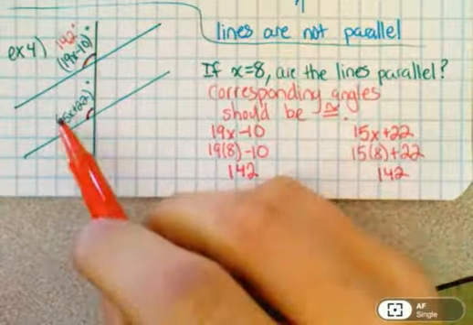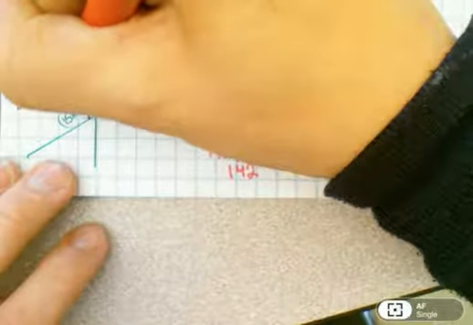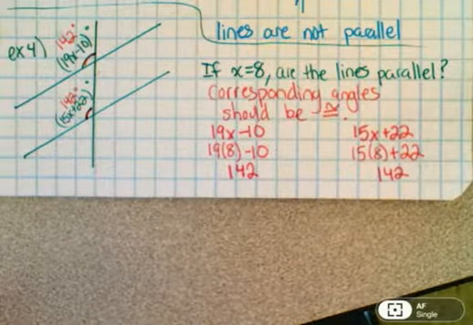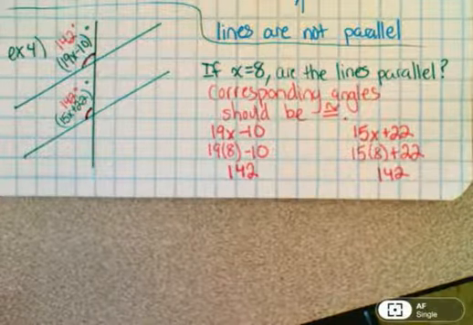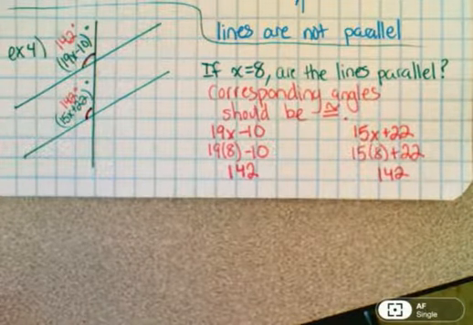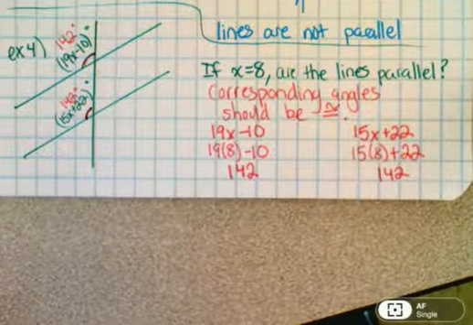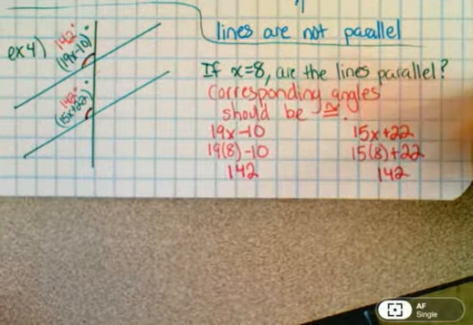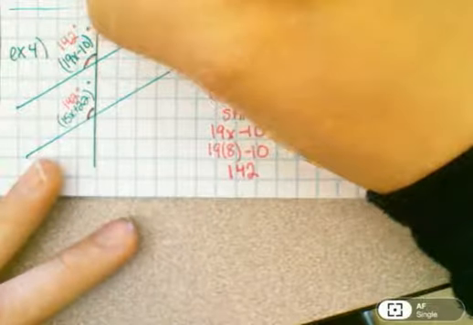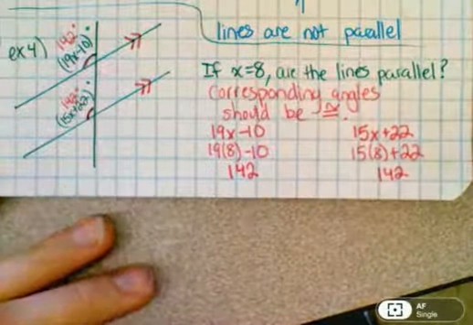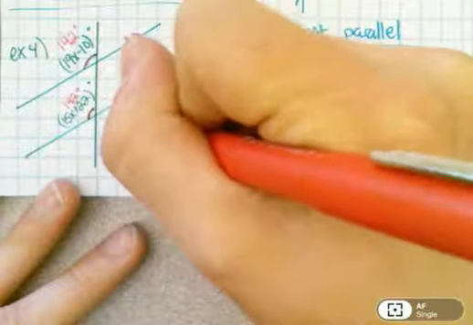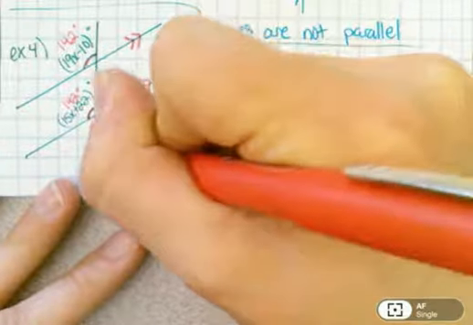So when x is 8, this angle is also 142 degrees. So when x is 8, those two angles are congruent, and corresponding angles should be congruent for lines to be parallel. So by the converse of the corresponding angles theorem, these two lines are parallel, and we can put our little flags on them.